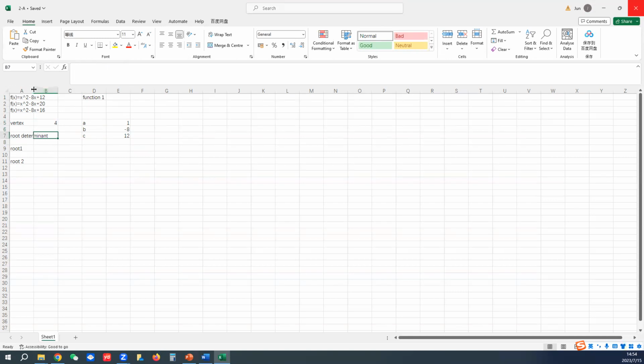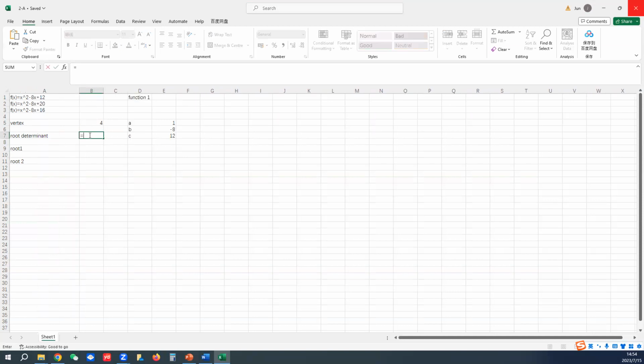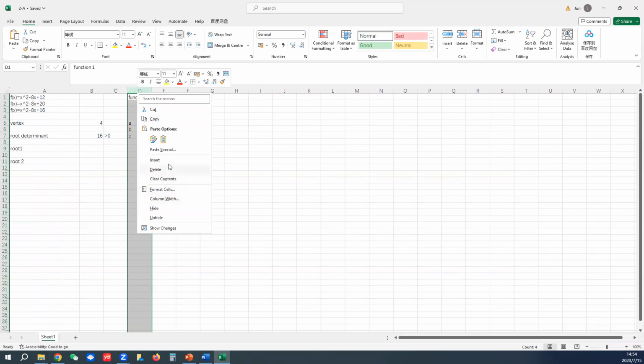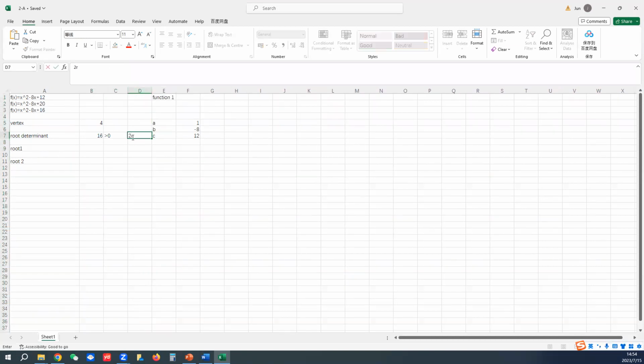And then the root determinant is b squared minus 4 times a times c. Okay, in this case, the root determinant is greater than 0. So there are 2 roots for function 1. That's the conclusion that we have.